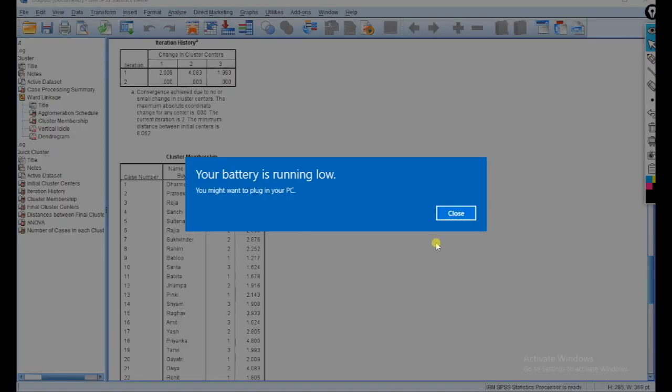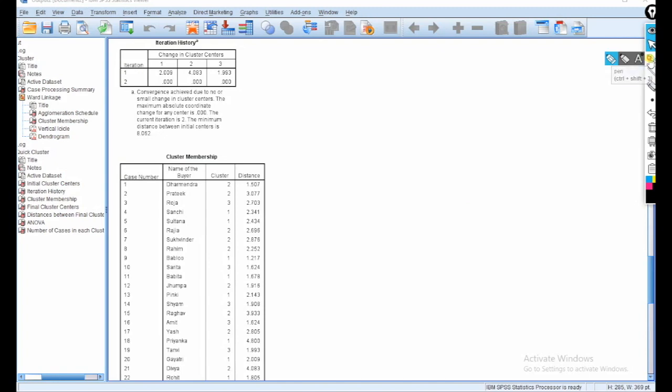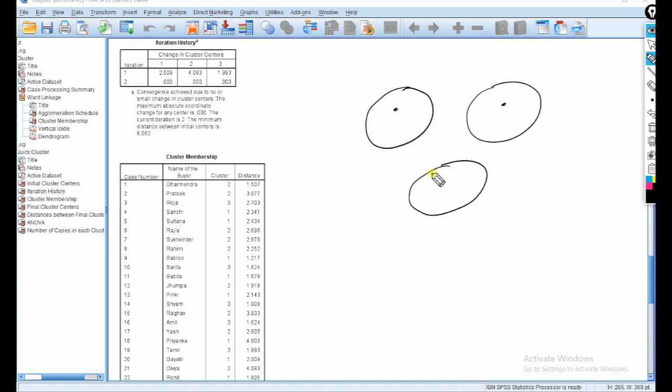Every cluster has a center, a centroid. The cluster centroids are 2.009, 4.083, and 1.993. Now the cluster 2, for example, this is my first cluster, second cluster, and third cluster.